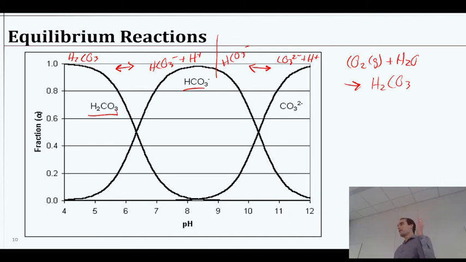So that gives us a series of equilibrium reactions, and depending on where our pH is, we can know that we're going to have more or less of one substance or the other. So if we have a neutral pH, pH 7 is neutral, I'm pretty sure that most of our stuff is going to be this bicarbonate, the HCO3 minus. That's going to be something like 85%.